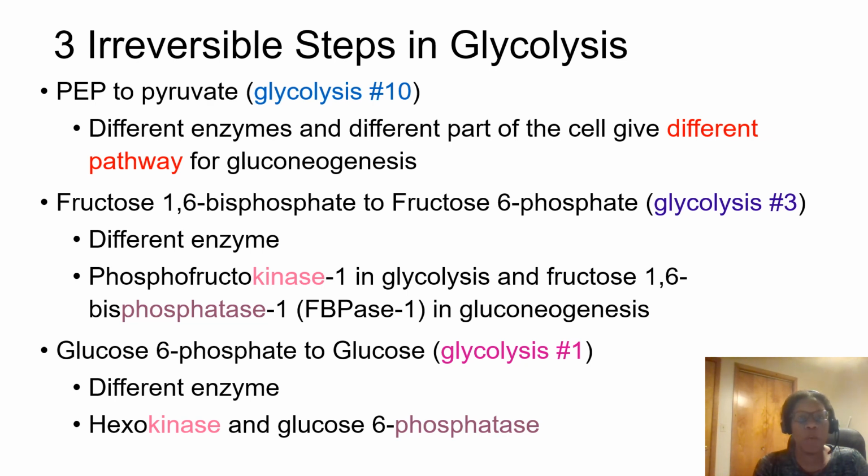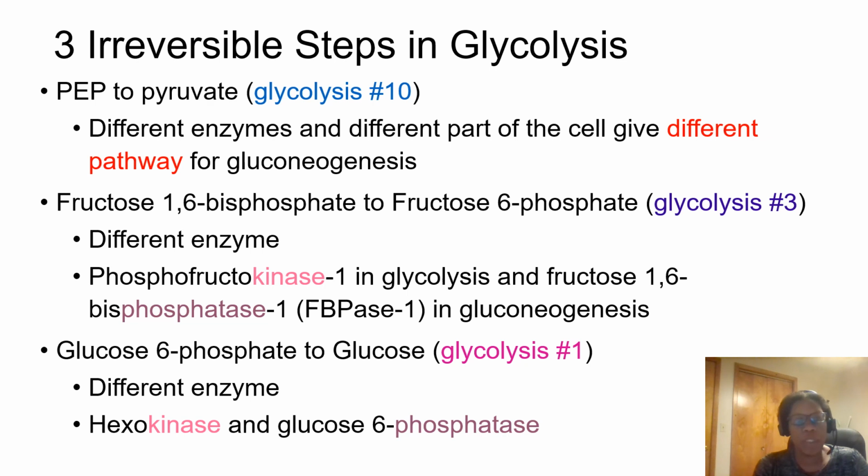So the PFK1 in glycolysis converts F6P to F16BP, and we'll utilize fructose 1,6-bisphosphatase in gluconeogenesis. So to go from fructose 1,6-bisphosphate to fructose 6-phosphate, we utilize fructose 1,6-bisphosphatase 1.